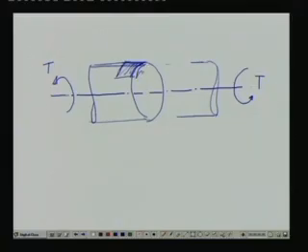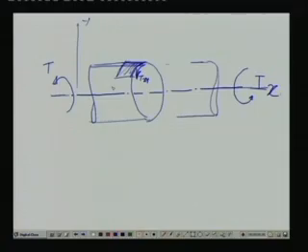The torque will create a shear stress like this, and we consider this axis of the shaft to be x, and obviously in two dimensional this will be something like y, so that we can denote this shear stress as tau acting onto the x plane in the direction of y.